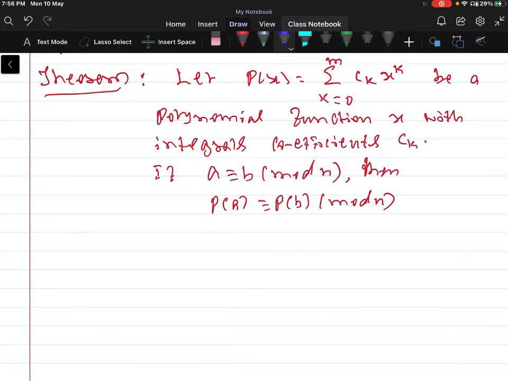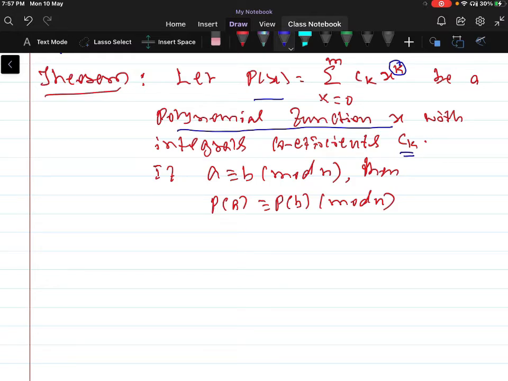Theorem: let p of x, that is the sum of k equal to 0 to m of c_k into x power k, be a polynomial function with integral coefficients c_k, where c_k are integers.